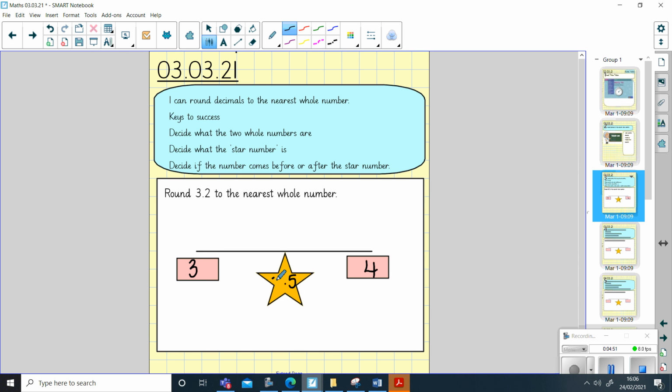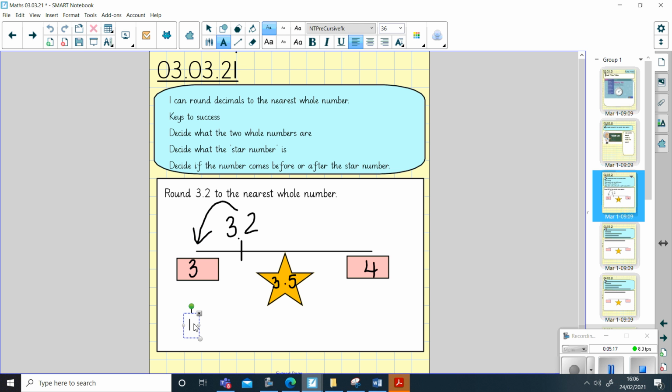So it's going to be 3.5 for this question. And then I need to decide if my number comes before or after my star number. Well, I think that 3.2 is going to be about here. So 3.2 comes before my star number, which means it rounds down to 3. So 3.2 rounds down to 3.